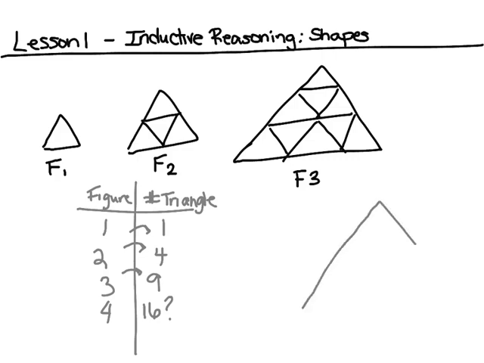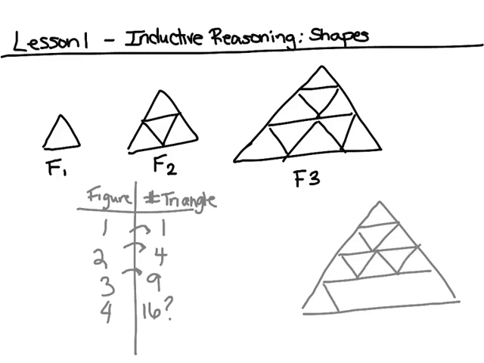So if we were to continue this pattern on, so we have 1, 2, 3, 4. So we have 1, 2, 3, 4, 5, 6, 7, 8, 9, 10, 11, 12, 13, 14, 15, 16. So this works. So we can induce, or we need to make a conjecture.